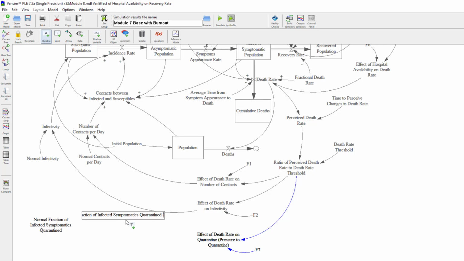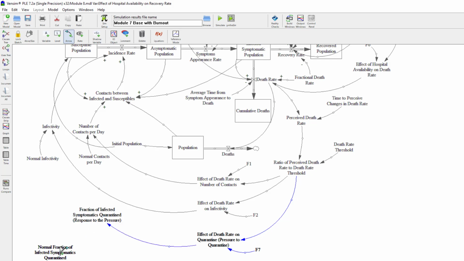So we're going to make a note here: this is a policy response to the pressure to quarantine. Now you're going to connect this effect of death rate on quarantine and normal fraction of infected symptomatics quarantined to this fraction of infected symptomatics quarantined.